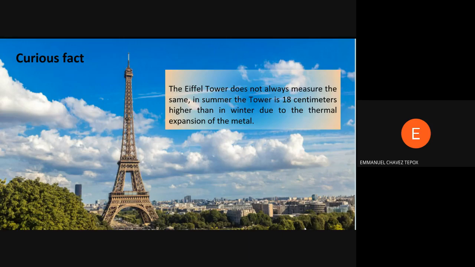Yes, 18. The tower is 18 centimeters higher than in winter due to thermal expansion of the metal.